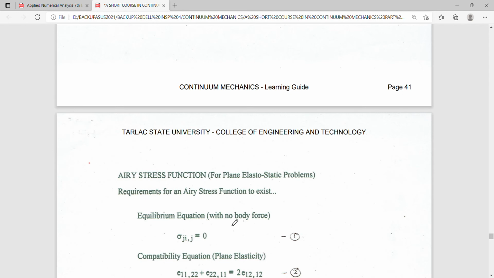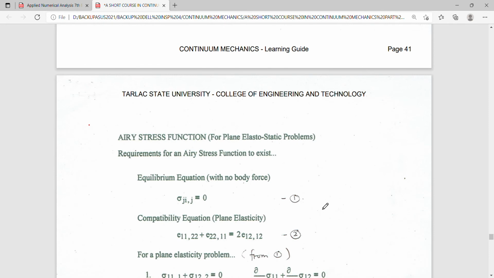Okay, so let's move on to some of the useful tools for us to be able to solve plane elasticity problems or plane elastostatic problems. So let's have some understanding of the Airy stress function and how it was used to solve some problems on plane elasticity.